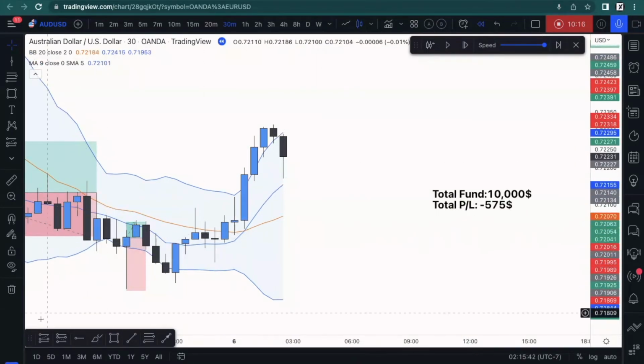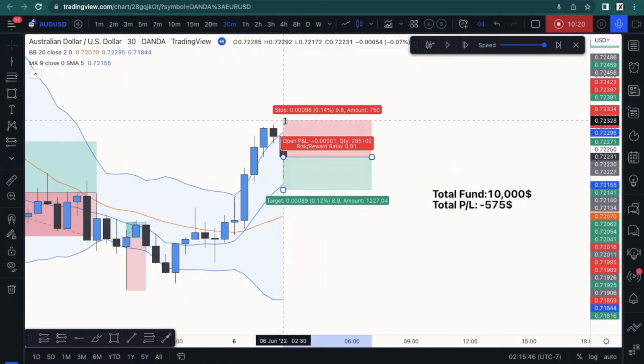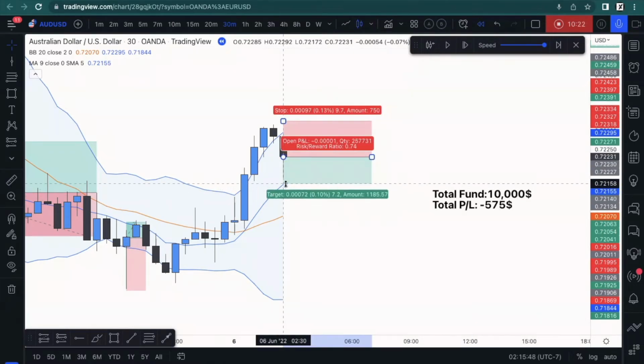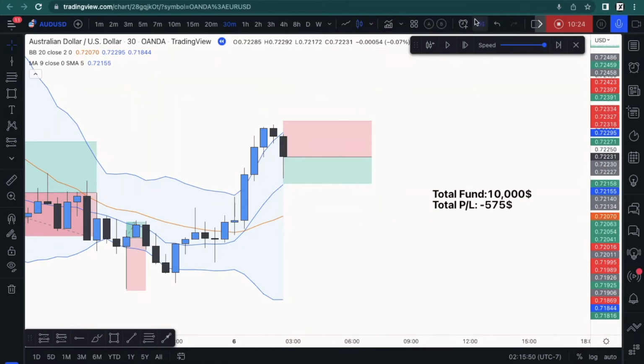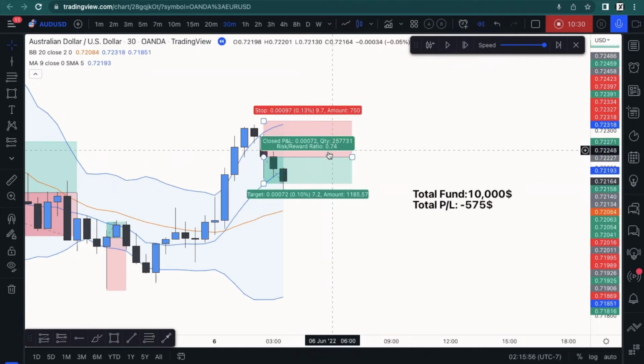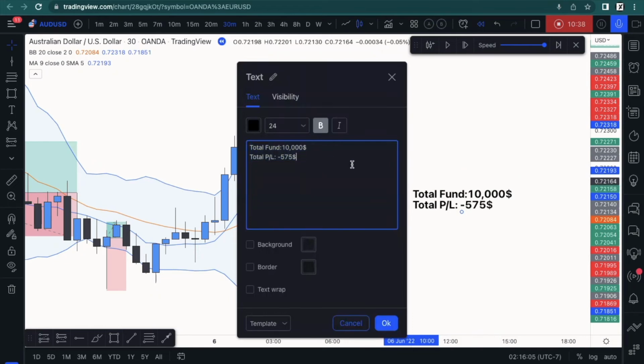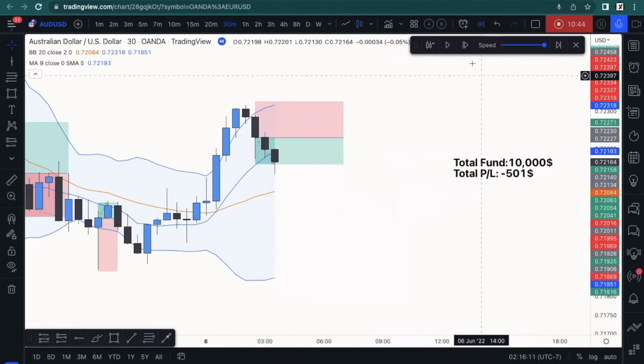All right, so right here, this is our signal to take another trade, putting our stop loss above, take profit at the moving average, and okay, just like that, another trade. So that's like a 0.74 risk to reward, TP smash, so that's like $74 of gain. So we are in total $501 into loss.